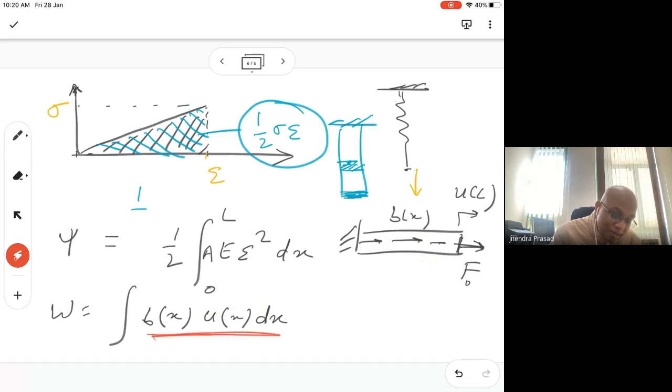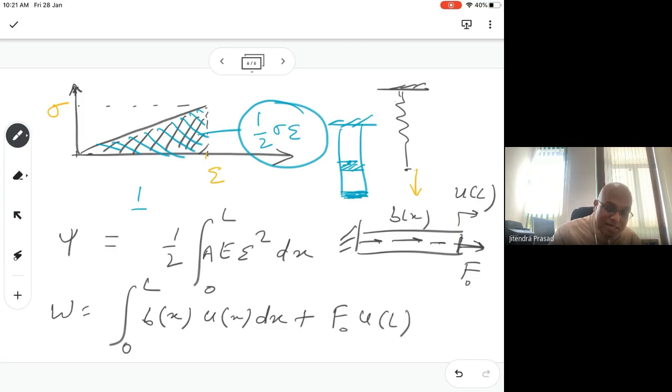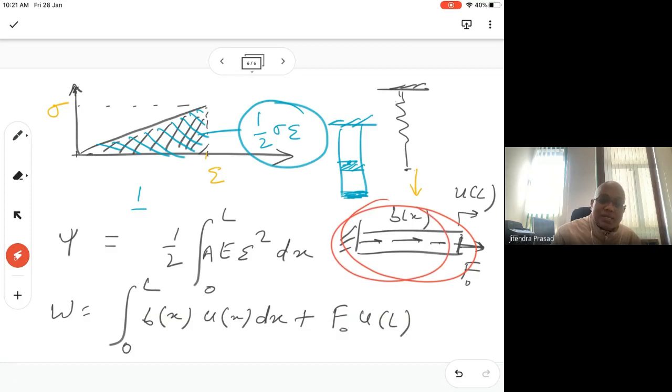So total work done will be this much for one small slice. For the whole, we have to integrate, so this becomes like this. Also, there will be a term coming because of this force as well. So we multiply F naught by whatever the value of U is at x equal to L. So F naught times U at L. So this is the total force as far as this problem is concerned. For a different problem, you have to work out the work accordingly.